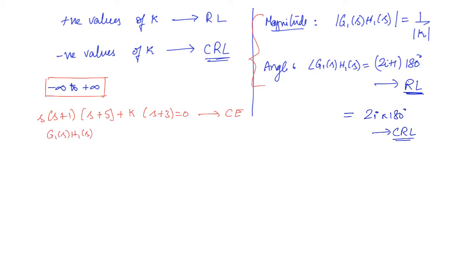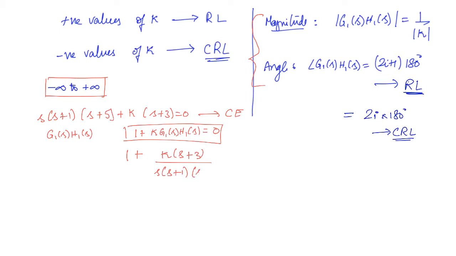That means we have to represent the characteristic equation in this form. So this will be 1 plus k into (s plus 3) divided by s into (s plus 1) into (s plus 5) is equal to 0.